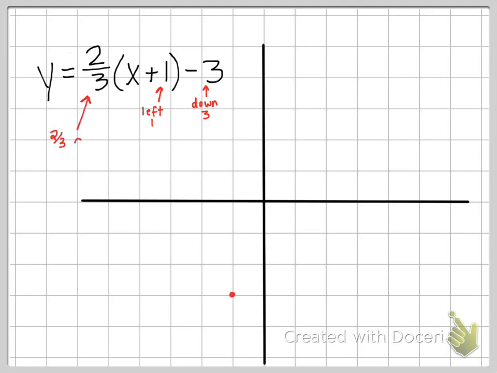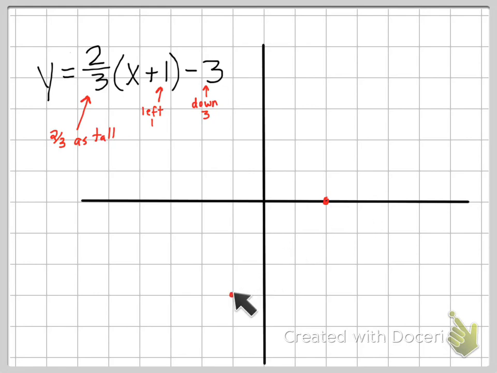And then I see my slope is 2/3, or my a value is 2/3. Okay, it means everything is 2/3 as tall. Well, normally this graph would go up 1 over 1, wouldn't it? Normally it would go up 3 over 3. So normally this point would be right here.